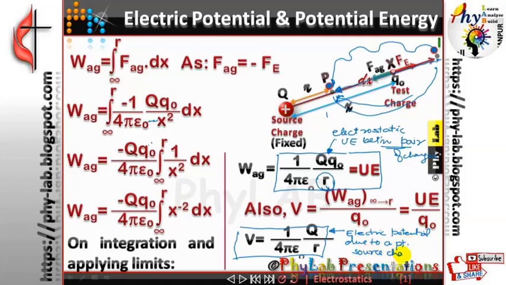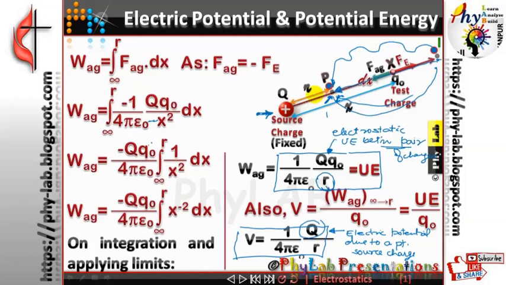If you remember, our source charge was Q. You can see in this expression we have got Q, and this Q is the magnitude of the source charge. So electric potential at this point depends upon the magnitude of the source charge, friends, and at the same time it also depends upon the distance of point P from the source charge.